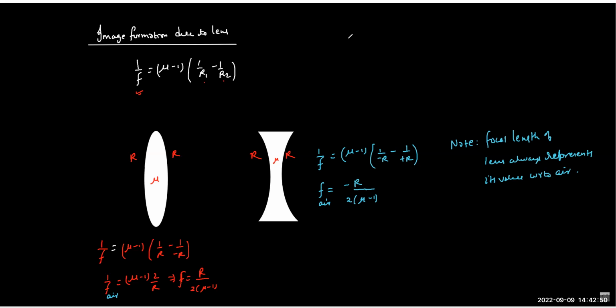And now we'll come to the lens formula. So we know the formula 1 by f equals to 1 by v minus 1 by u. So for what value of u will the v have the same distance, of course, on the opposite side?